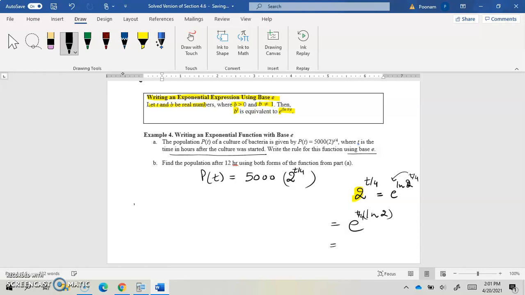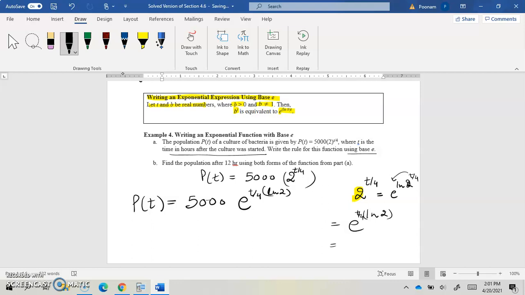So we are saying the population function can be written as 5000 times e raised to power t by 4 times natural log of 2. Now it's an exponential function with base e.